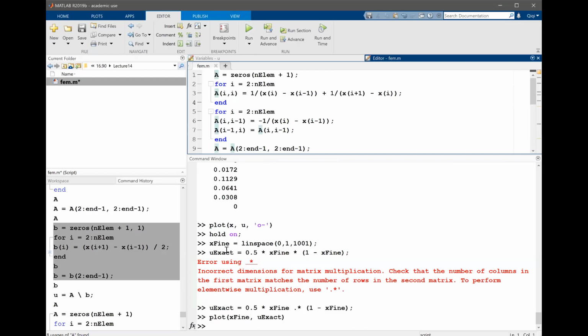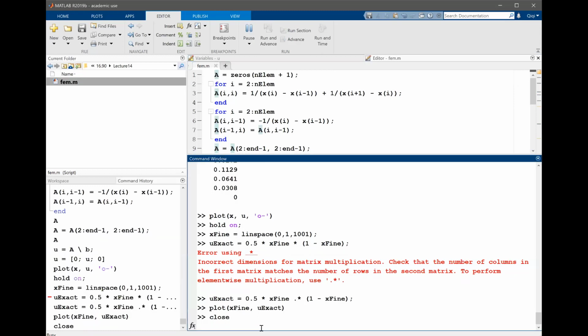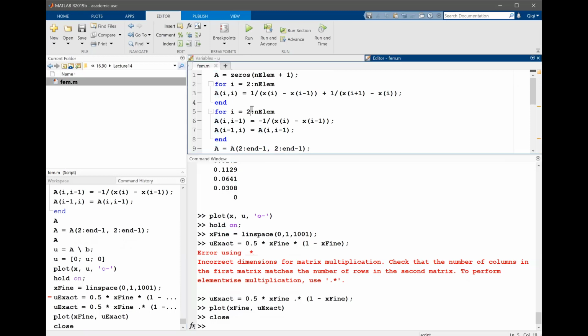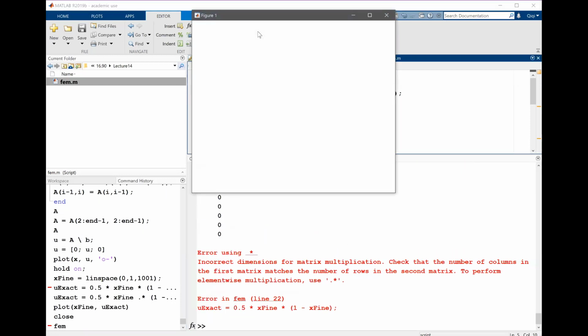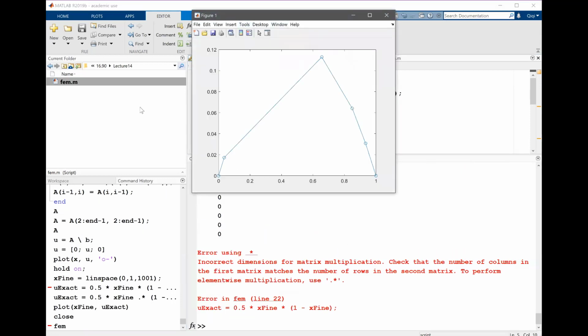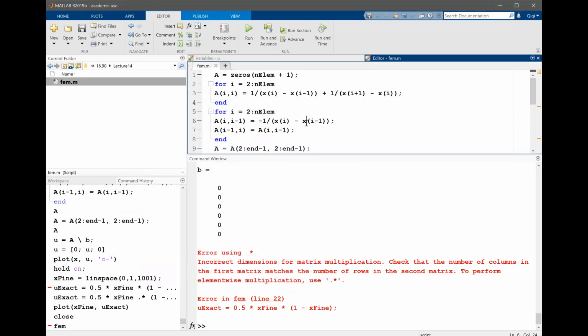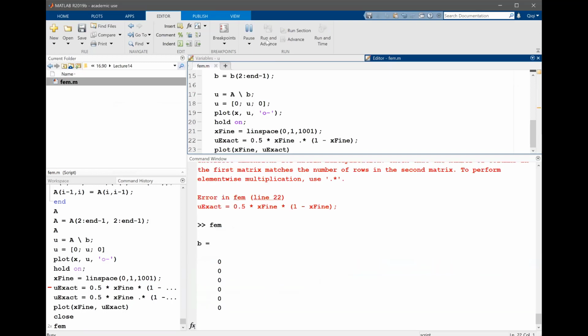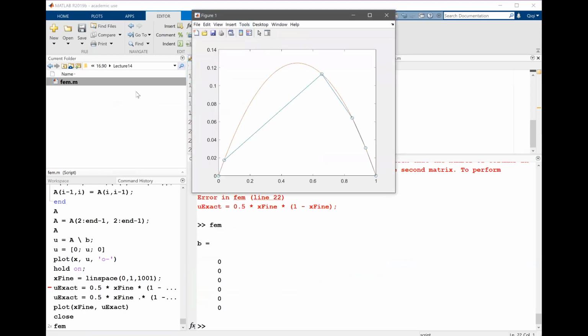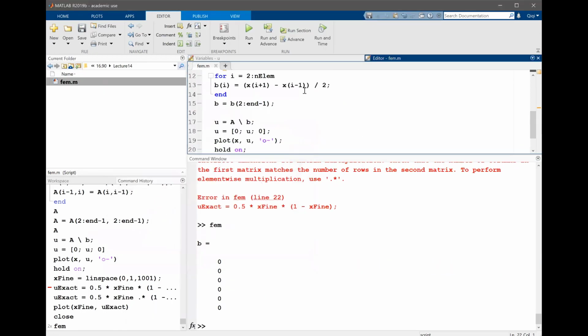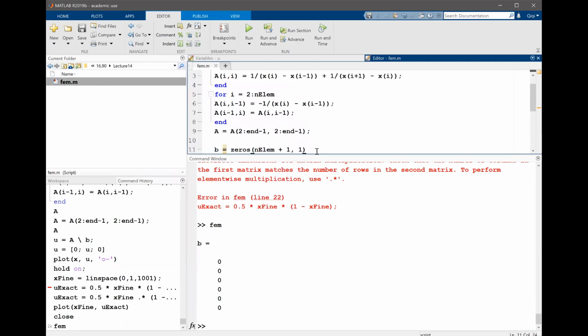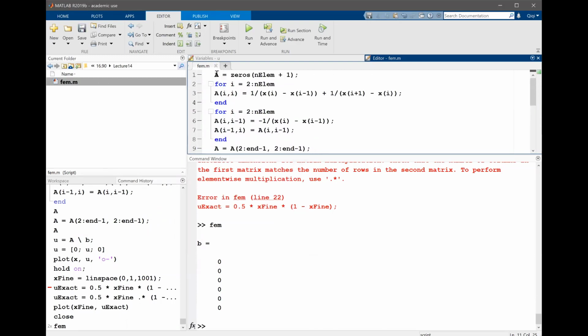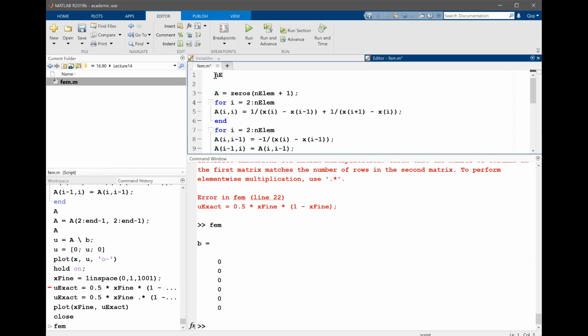Let me just run it to make sure I get the same plot. Yeah, I need to get rid of this incorrect line. Let me run it again. Okay, I do get the right stuff. And let me suppress this output. So now let's choose our n elements to be a little bit more, let's say 100.